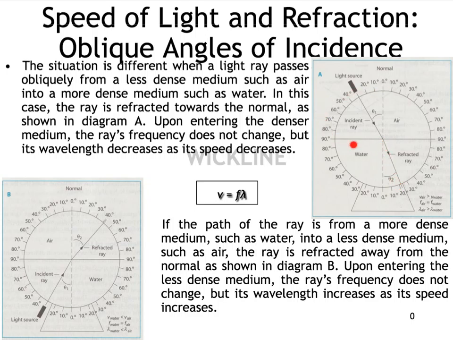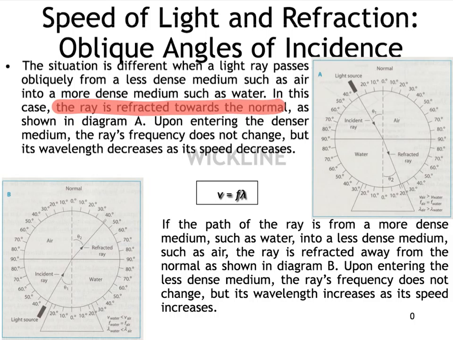In that case, when you go from a less dense to a more dense medium, the angle of incidence is going to be measured against the normal, just like in the reflection scenario. And then when it passes through the barrier, you will have a change in the angle of the ray. Now, in every case, when you go from a less dense medium to a more dense medium, the ray will always be refracted towards the normal.